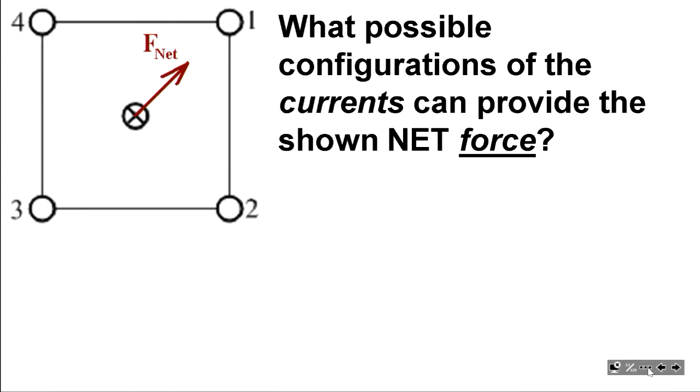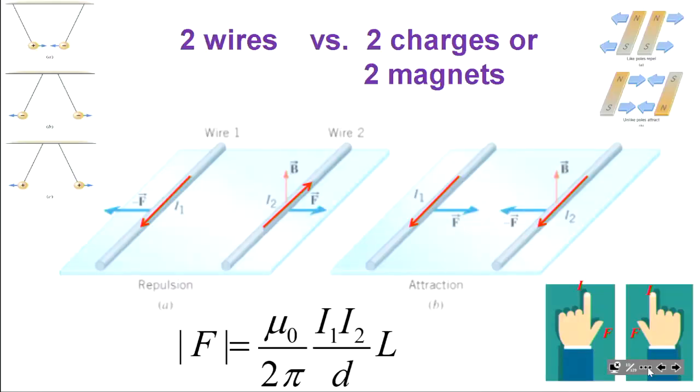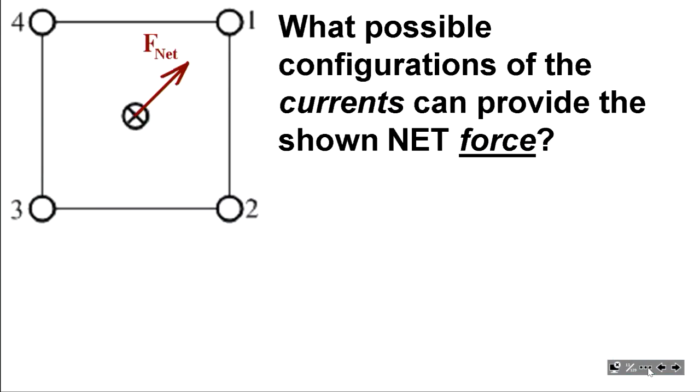Well, that's where we use this rule: parallel currents attract each other. The first part is purely geometrical. If we have two wires, let's say number 4 and the middle one, depending on the electric current in wire number 4, these wires might only attract or repel each other.